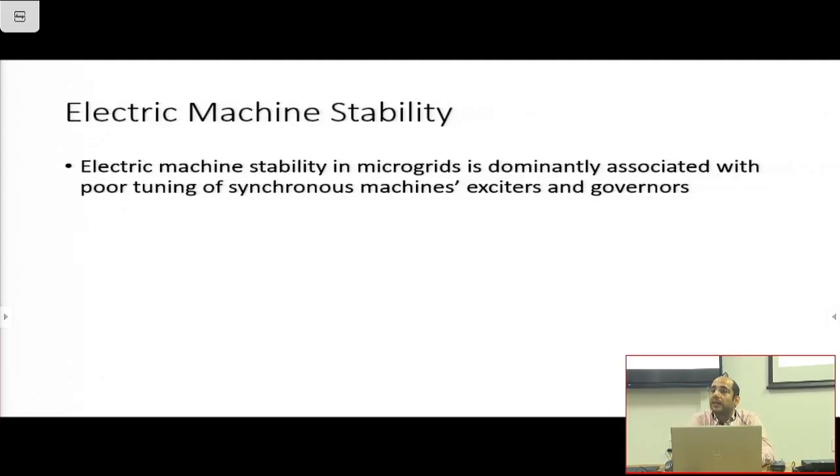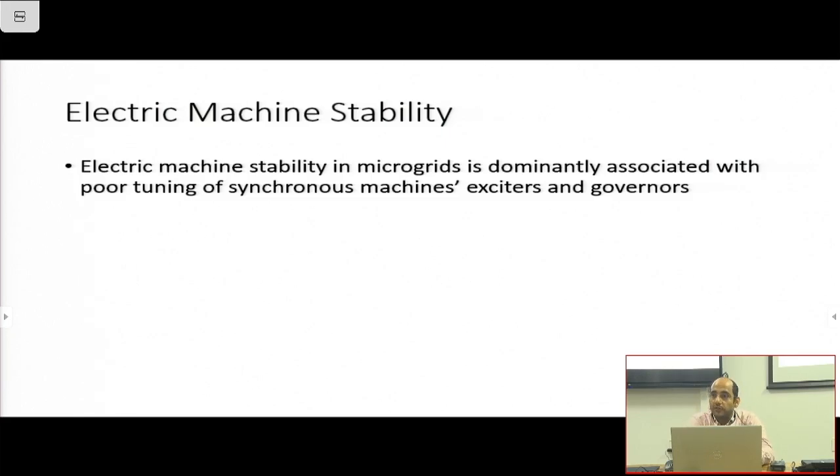For example, in a classical power system, if you have read a power system dynamics course, a high gain AVR can lead to small signal stability problems in a SMIB system, and then we use a power system stabilizer. Why? Because the exciter is a high gain exciter. High gain excitation system may lead to instability.